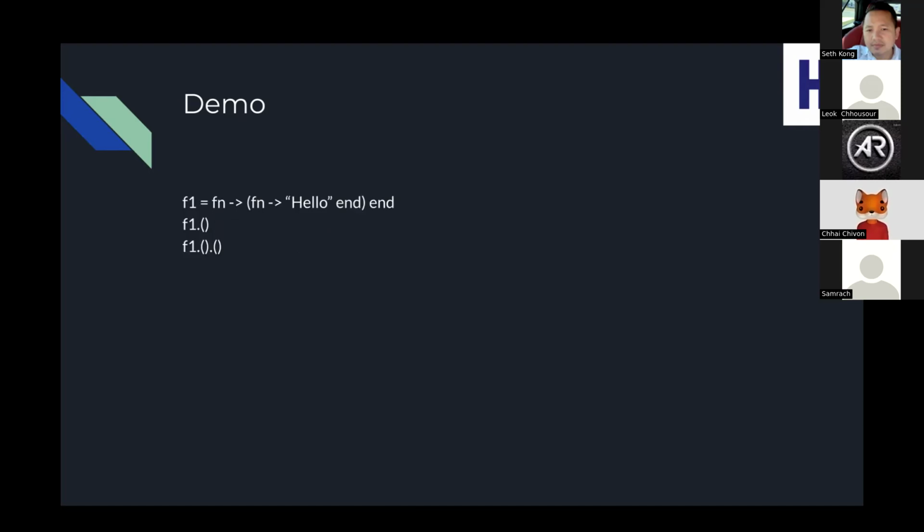Okay, so this is very interesting here. We have function f1. Function f1 is a function, but it takes another function, and that function is not defined yet. We define it right here as well, and then it returns that function. So this f1 is a function that returns a function.